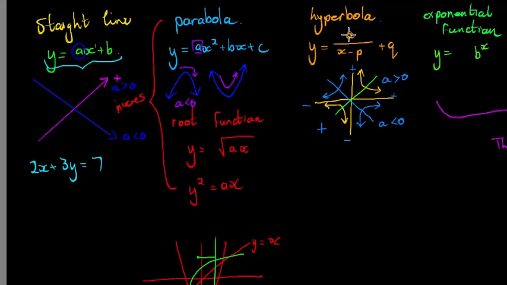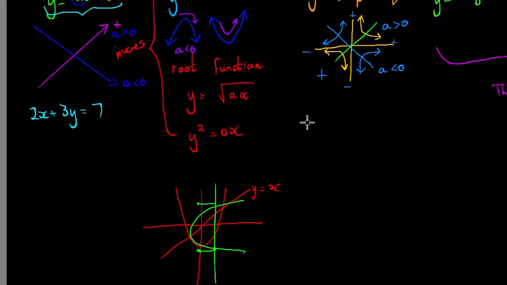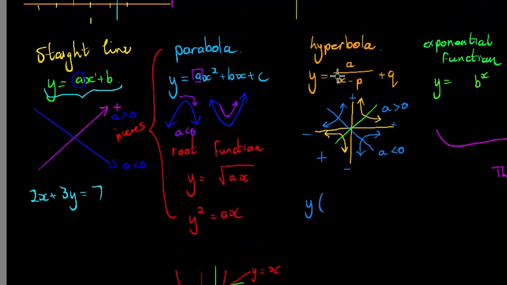Because if A is positive, then these two values, the x's and the y's, must multiply to give me positive. If A is negative, and why do I say x times y? Because look here, if I multiply everything with the denominator, then on this side I got x minus p. So x times y is important in this case.